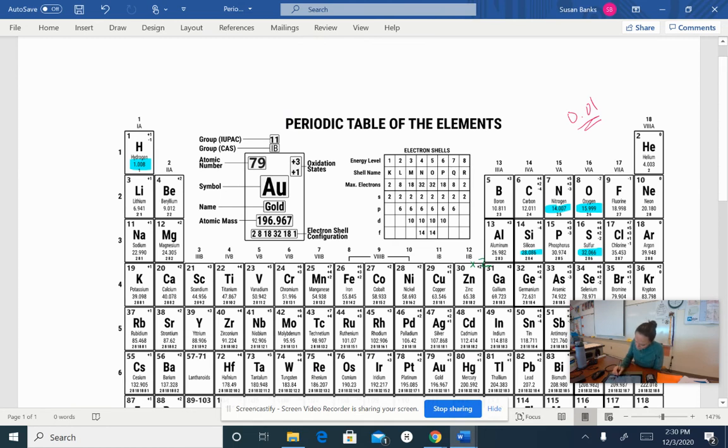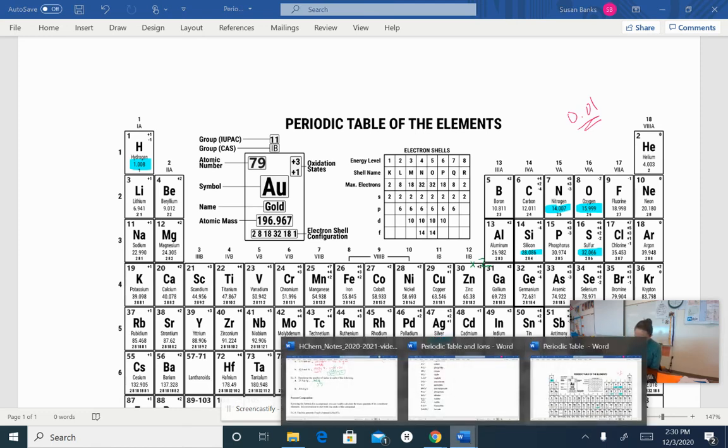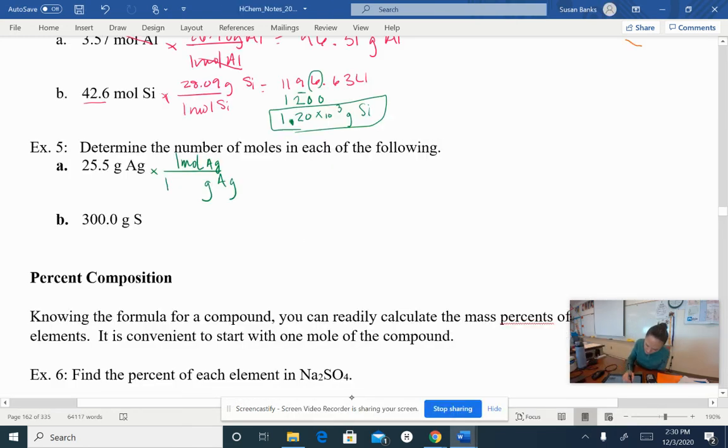So I want my grams of silver to cancel out and get into moles of silver. So I need to look at my periodic table and look up the molar mass of silver. So when I do that, silver is right here. Okay, so in silver, I've got 107.868. So we're going to call that 107.87. Okay, 107.87 grams. Okay, so I've got 3 sig figs here. So 25.5 divided by 107.87.